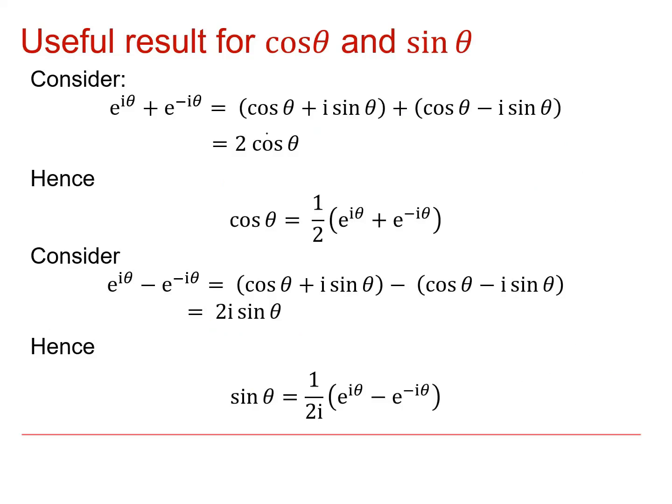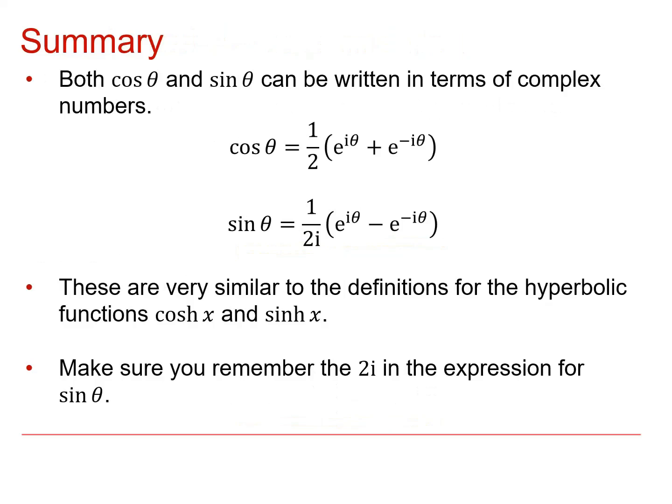Again, there's that written up more tidily for you, and we come through to our two key results here and here. In summary, both cos theta and sine theta can be written in terms of complex numbers, and it's important that you recognize these, that you're able to recall them quickly, and that you know where they came from.